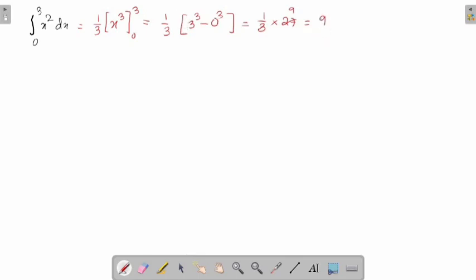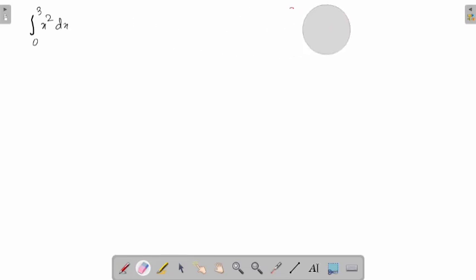Okay, so let's check whether we get this much or not. For that, let me make use of the first formula again. So integral a to b f(x) dx.